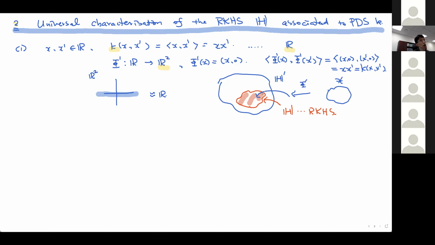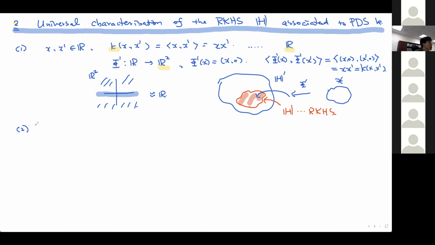So H prime may have junk, may have something extra, just like all these points in two-dimensional space. But when we think about in which place of H prime we are really embedding the input to represent the input as features and taking the inner product, that's some subspace which is isomorphic to the RKHS. Okay. So the RKHS is, in a sense, a core which only contains something absolutely necessary. It doesn't have any junk at all, any extra bit at all. So that's what this second theorem tells us.